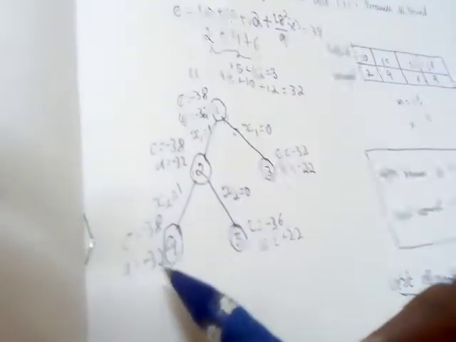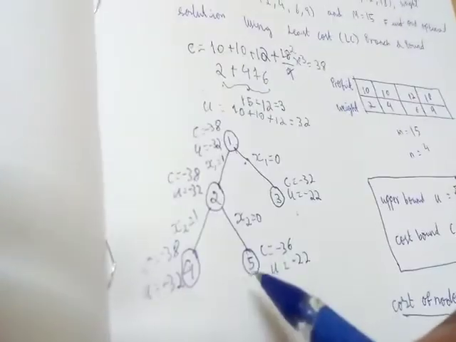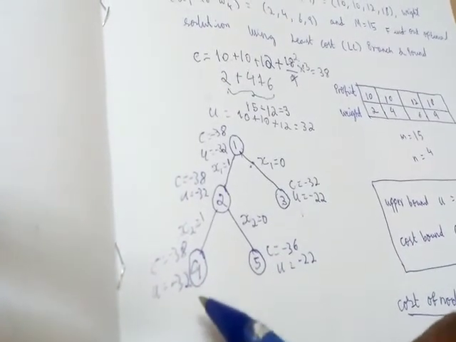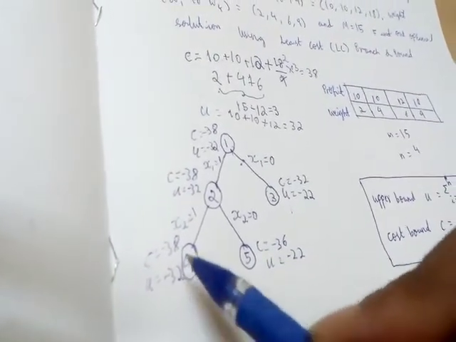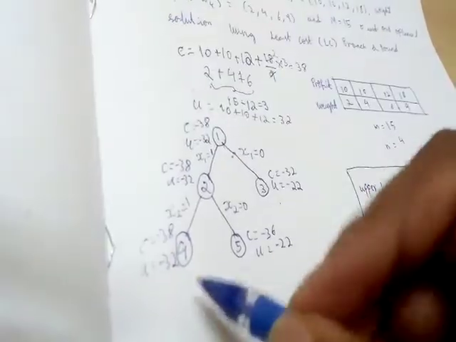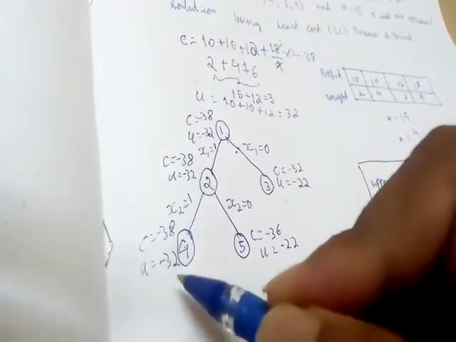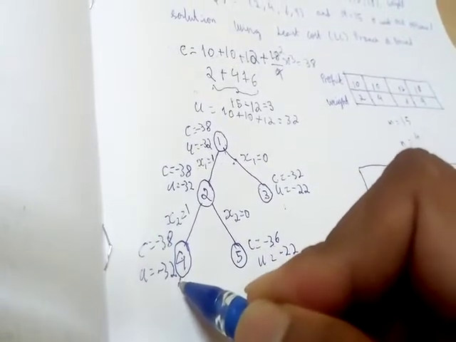So here again, if I consider the cost of node 4 and node 5, at this particular level, node 4 has the lesser value of minus 38. So I will ignore node 5 and continue with node 4.